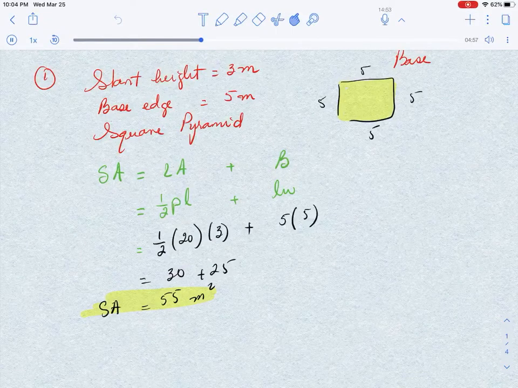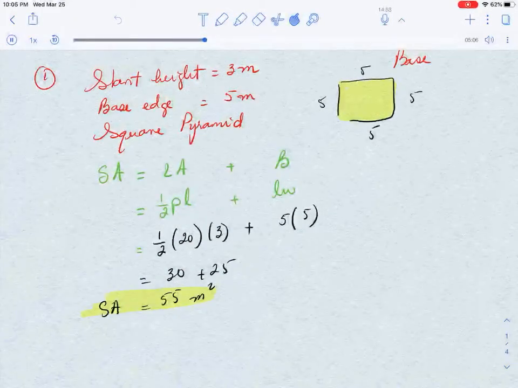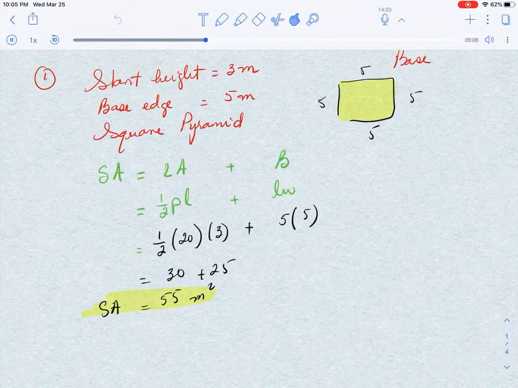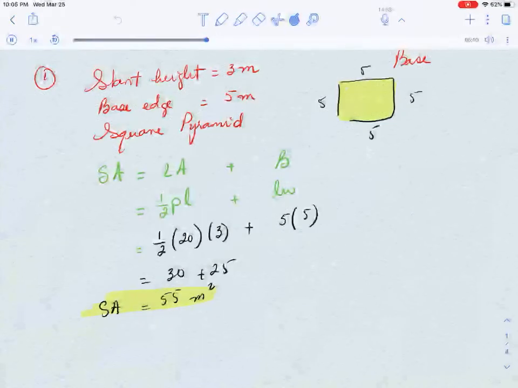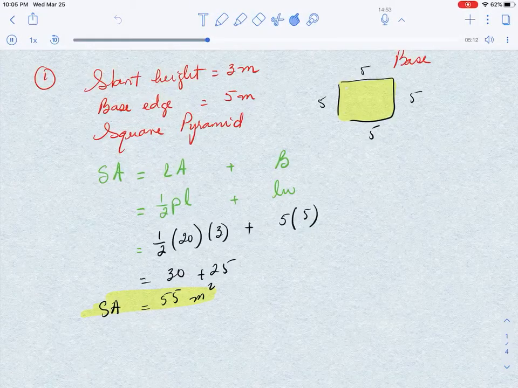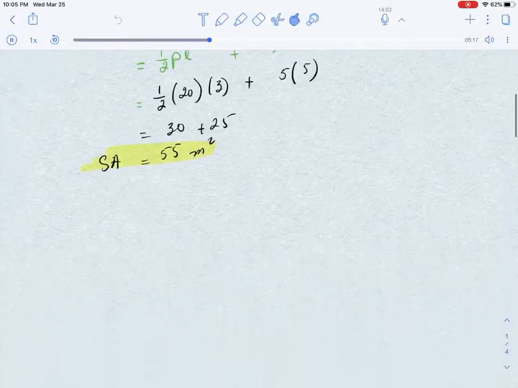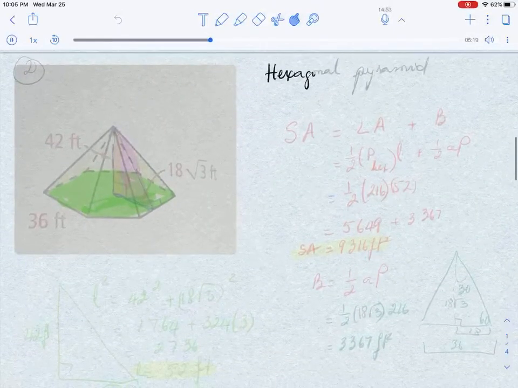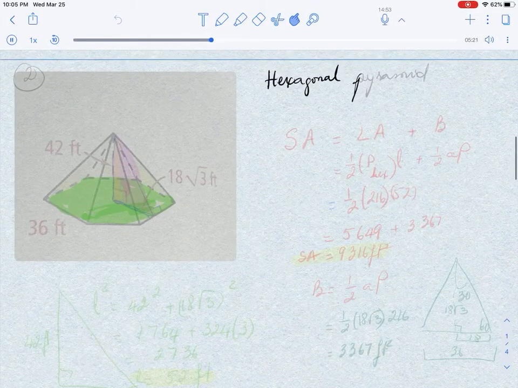In this problem, they're telling me I'm looking at my base. My base here is right here. It is 1, 2, 3, 4, 5, 6. It is a hexagonal pyramid.